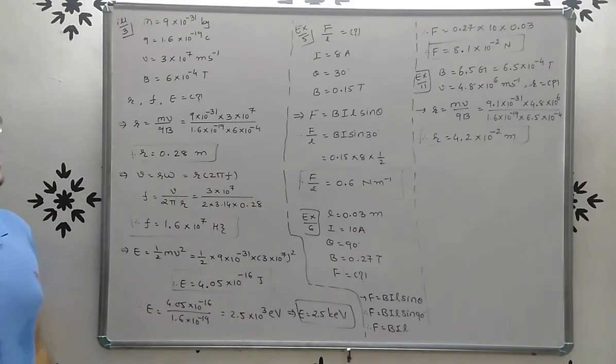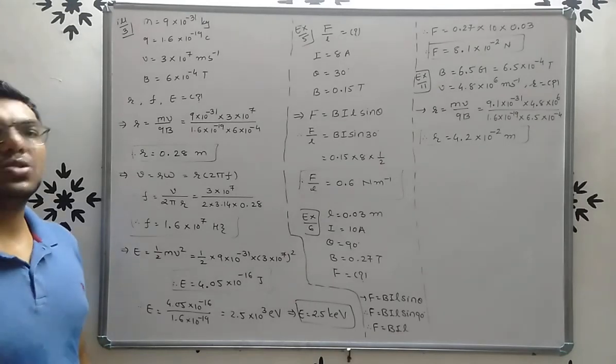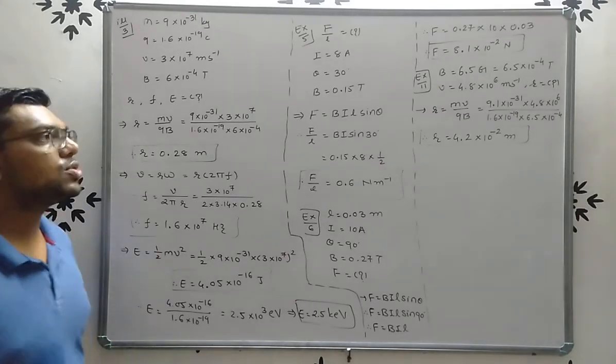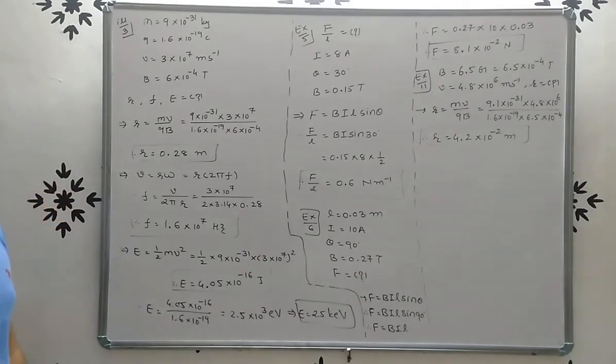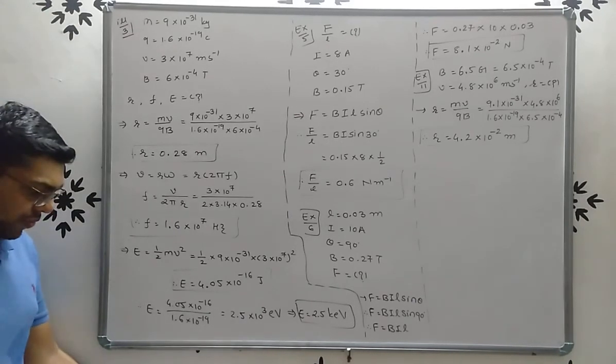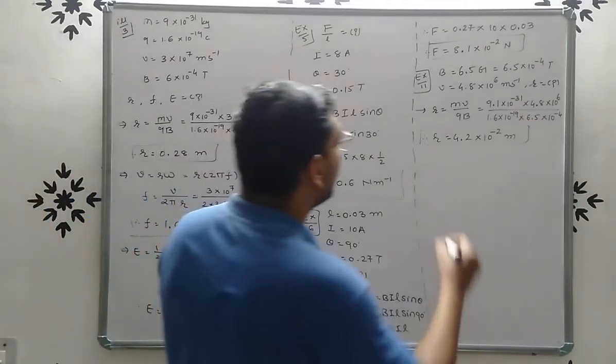We know the value of magnetic field, velocity, mass and charge. We have to find the radius, so we use the formula R is equal to mv upon qB. After putting the values of m, v, q and B, we get radius R is equal to 4.2 into 10 raised to minus 2 meter, right?